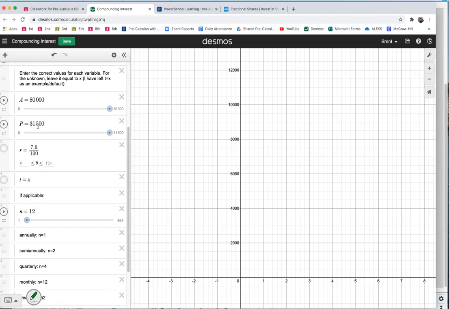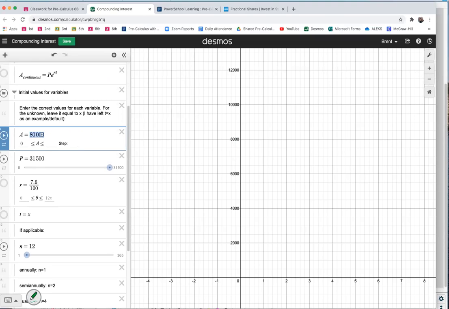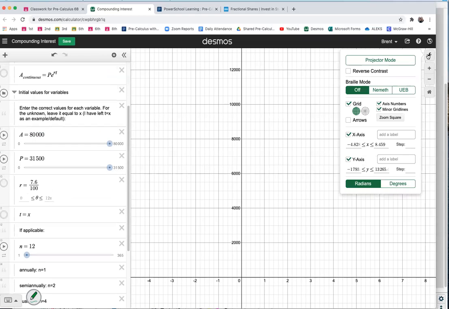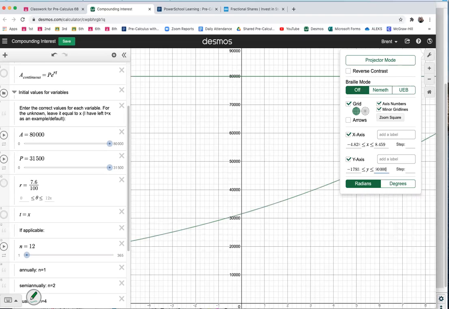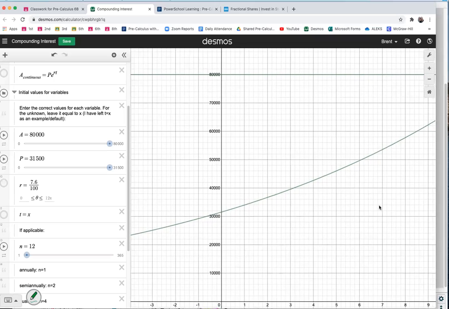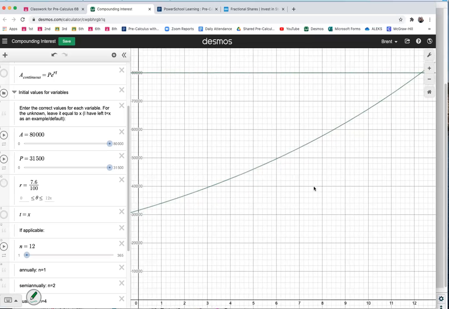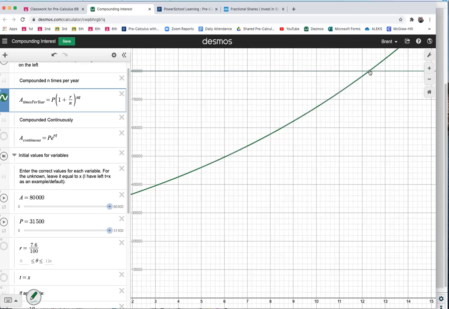Now I go up, and I'm always going to look for the crossing at the A amount. So this is going to cross at 80,000. Right now I can only see that, so I'm going to raise it up. The quickest way is to hit the settings and change my Y to be bigger than 80,000. I'll put in 90,000. So now I can see how long it takes for these to cross. It looks like my graph crosses at 12.302. That's the X value.